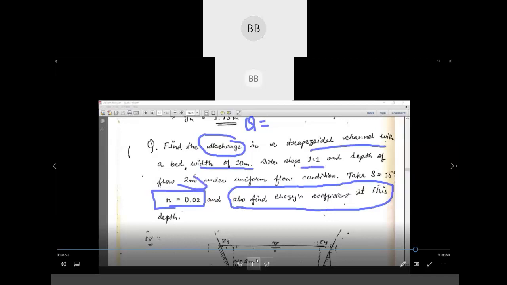Depth of flow is given 2 meter, and longitudinal slope, or you can say bed slope, is given 10 to the power minus 4. It's not visible, you just write it down. Manning's n is given 0.02. Then you find out the discharge. Then you have to use Sage's equation and calculate Sage's coefficient.